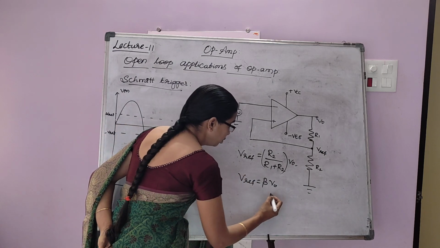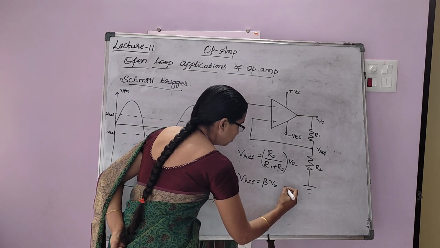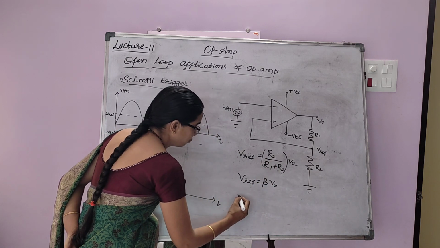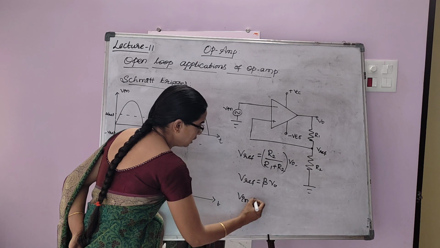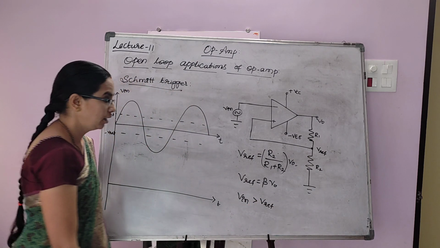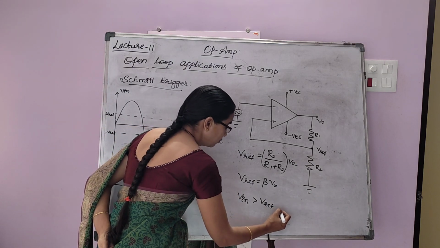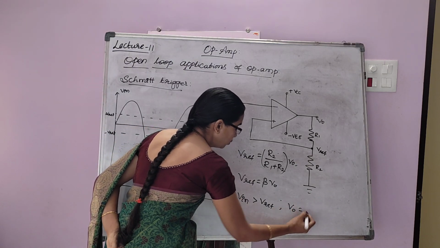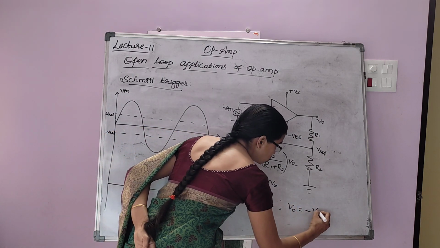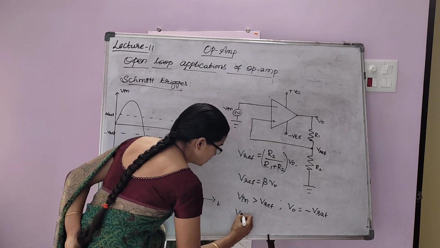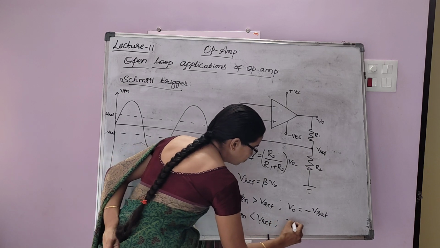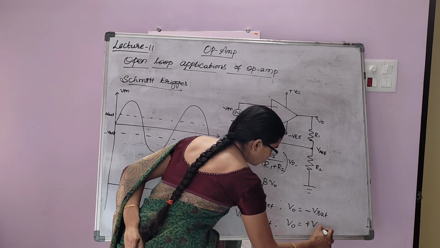So what will V0 be? If Vin is greater than V reference, then since Vin is connected to the inverting terminal, V0 will be minus V saturation. If Vin is less than V reference, then V0 will go to plus V saturation.